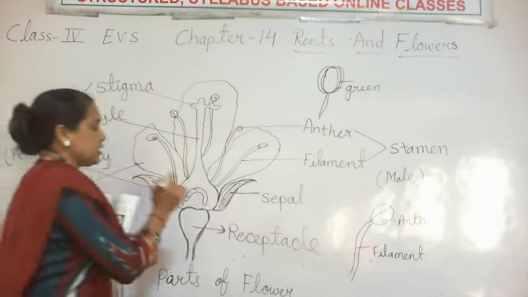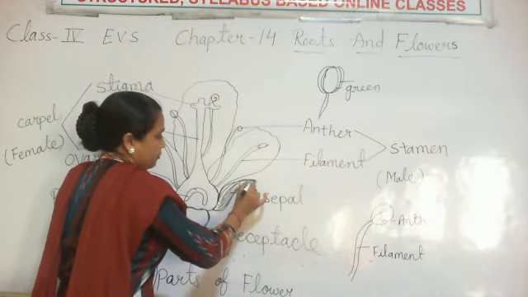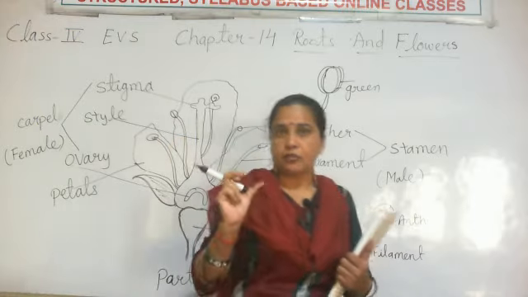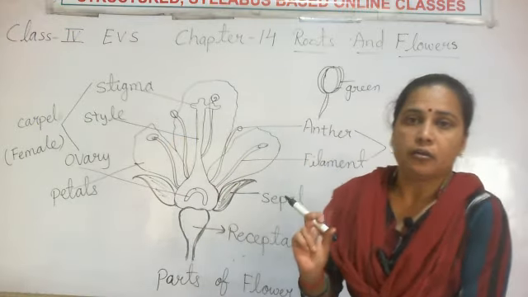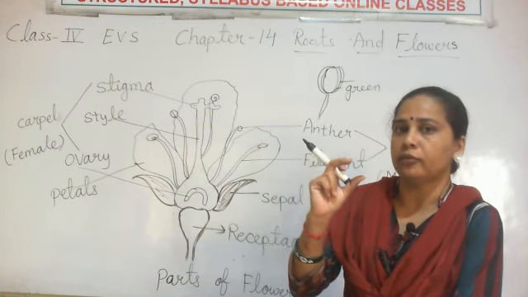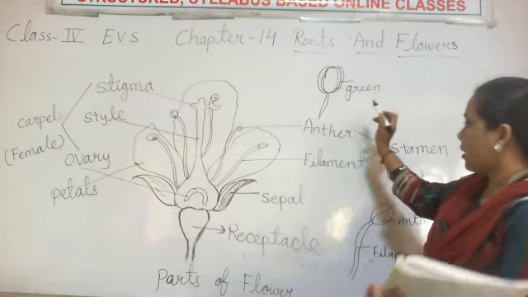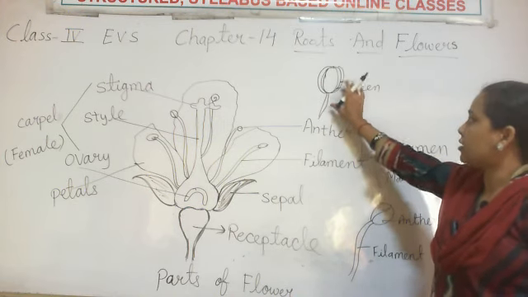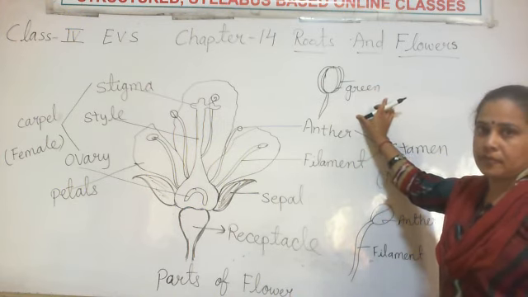Okay, and this is the which part of the flower? It only covers the bud. When we see the flower in the form of a bud, जब हम बड को देखेंगे कली के रूप में होता है फूल, that time the sepal covers the flower, or covers all parts of the flower.